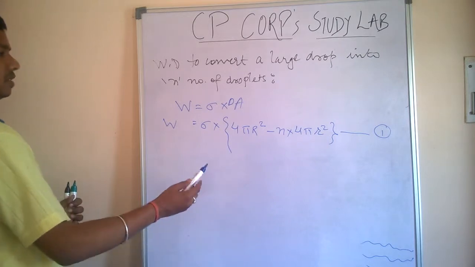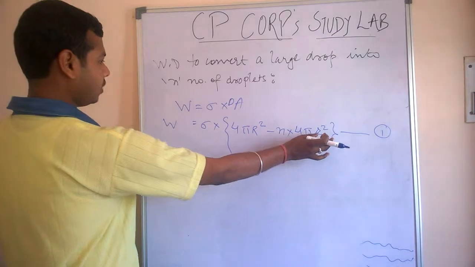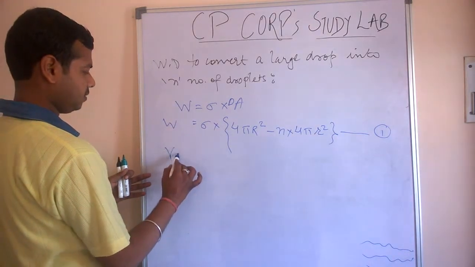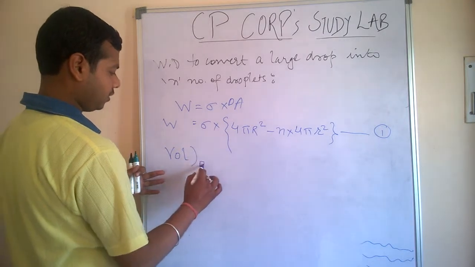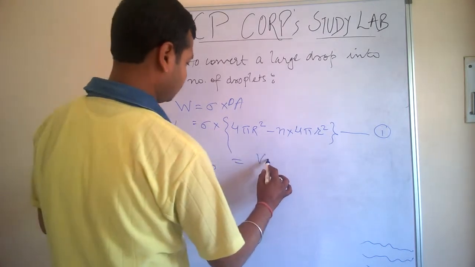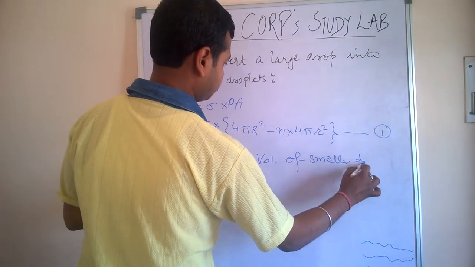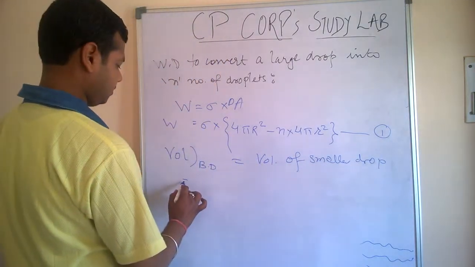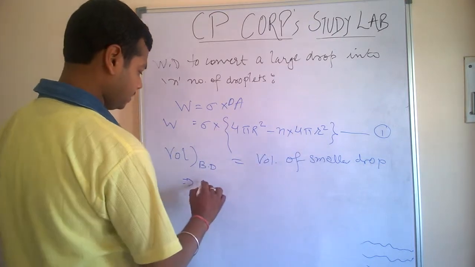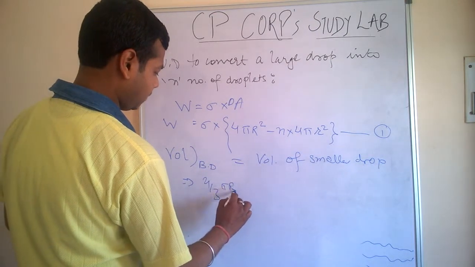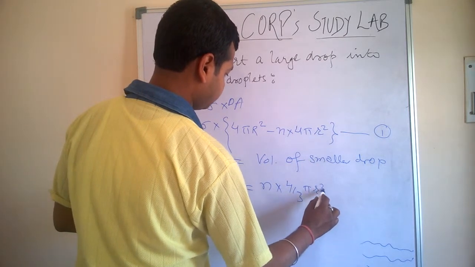The next equation is for deriving the relationship between capital R and small r. Keep the volume constant. Volume of the bigger drop is equal to volume of the smaller drops. Just equate these and you will get the relationship between capital R and small r. So 4 by 3 pi R cube is equal to n times 4 by 3 pi r cube.